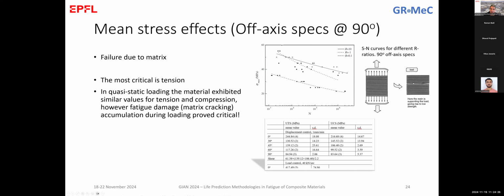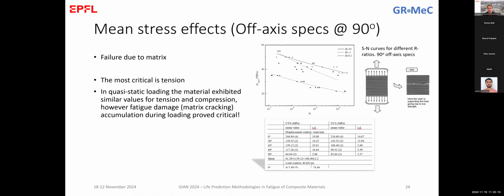Okay, so now continuing, if we go to the off-axis specimens at 90 degrees, we see a different behavior. The failure is clearly due to the matrix. We have matrix cracks in the matrix that, when they happen, lead the material to failure. In quasi-static loading the material behaved similarly in tension and compression, but in fatigue we have differences, because in fatigue we have a lot of matrix cracking that is accumulated during loading.